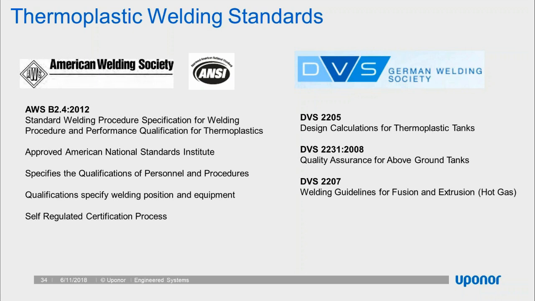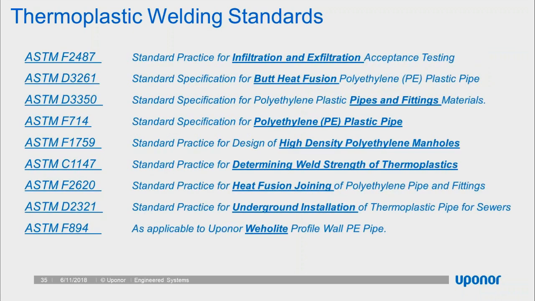Uponor relies heavily upon DVS guidance for development and structural design of its systems. There's also AWS B2.4, that's a developing standard specification, rather self-regulated at this point, but it is a standard we may encounter in the United States and in Canada related to thermoplastic welding here.